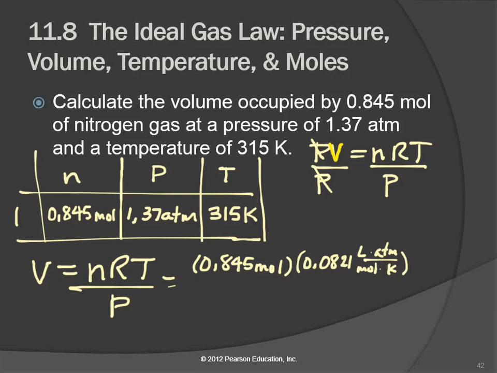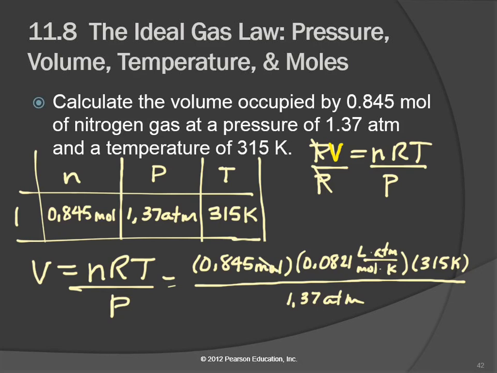Yes, it's tedious, but write the units in anyway. 315 Kelvin. Divided by the pressure, 1.37 atmospheres. Before you get your calculator out, look at the units and cancel them out.